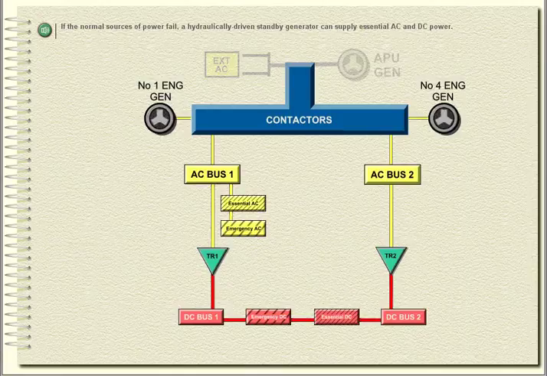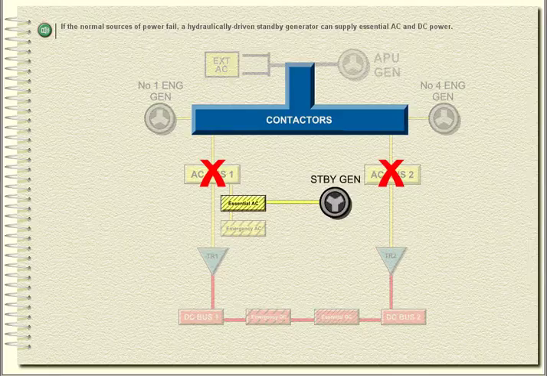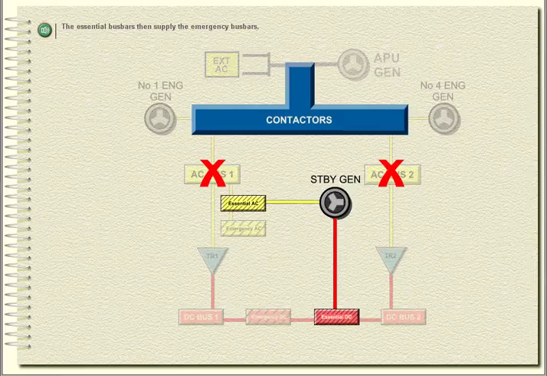If the normal sources of power fail, a hydraulically driven standby generator can supply essential AC and DC power. The essential busbars then supply the emergency busbars.